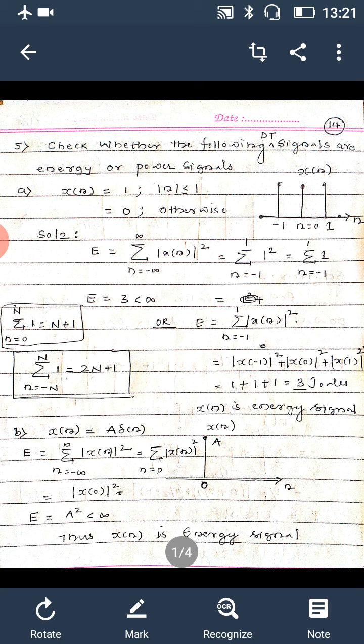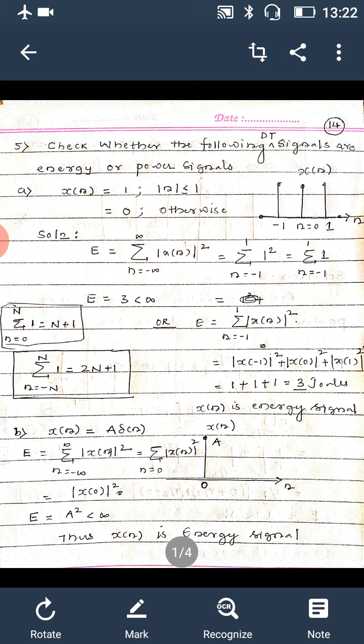The second example we have is x of n equal to A into delta of n. Again the duration of the signal is known here. By the definition of delta of n, delta of n is defined only at n equal to 0, and at that particular instant the signal x of n value is A. So x of n is given by capital A at n equal to 0.